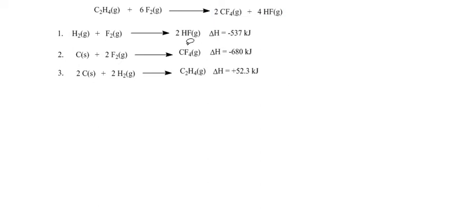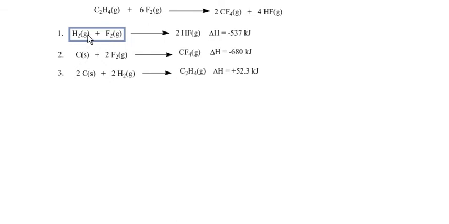For the first reaction, you'll notice that we have F2, which is in our target reaction, and HF, which is in our target reaction. We're going to look at using this to get the HFs, because this is the only reaction we have an HF in. None of the other two reactions have it, whereas one of the other reactions has an F2 in it. So whatever we do, we're going to have to get 4 HFs out of this reaction.